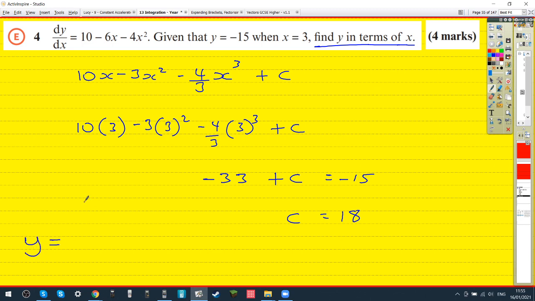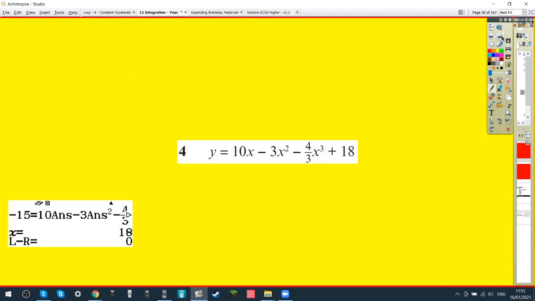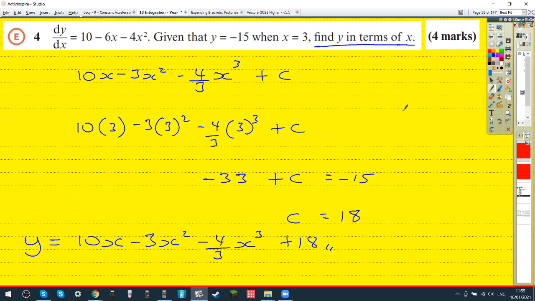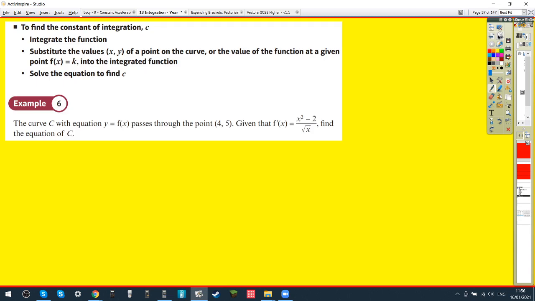So do we write out 10x minus 3x squared minus 4/3x cubed plus 18? Looks good to me. Great. Any question about that? No. Nailed it.